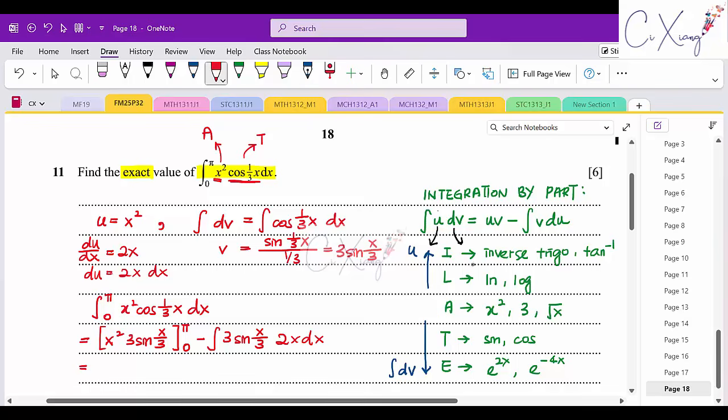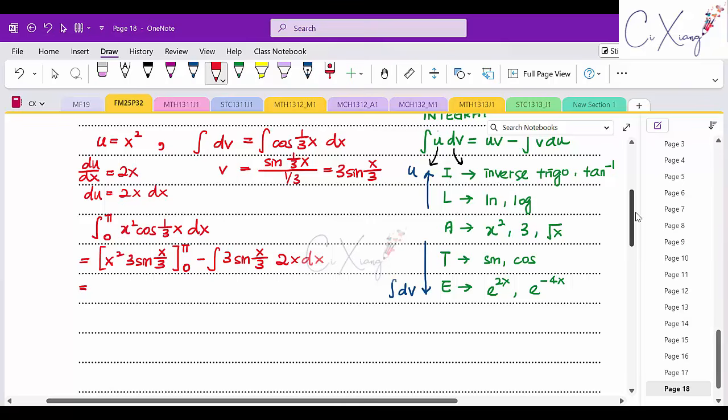So I have settled the integration by parts here. Then let's continue and see how we can get the final answer. Substitute pi inside, you'll have pi squared times 3 sine pi over 3. Substitute 0 inside, you'll get the whole thing equals 0. If you look at this particular part here, you'll have negative 6.